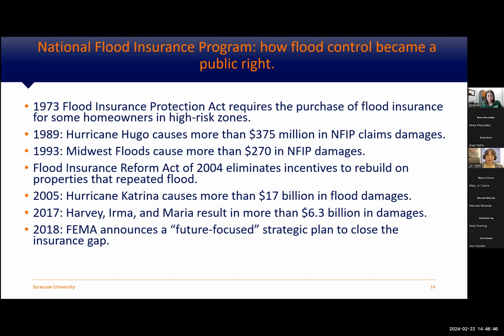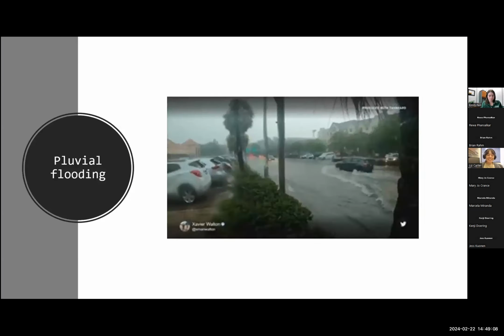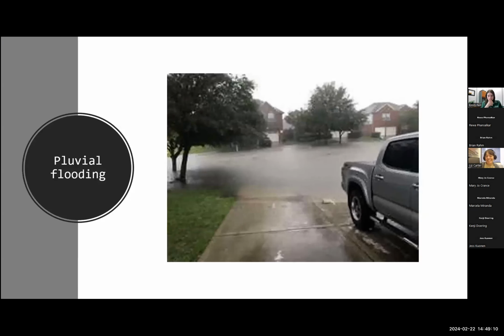So what we have right now is a federal flood relief program that is based on the model of the 100-year regulatory floodplain and the National Flood Insurance Program. And we are struggling to keep up with the rising cost of flooding with that program alone. So that's it for my history lesson today.